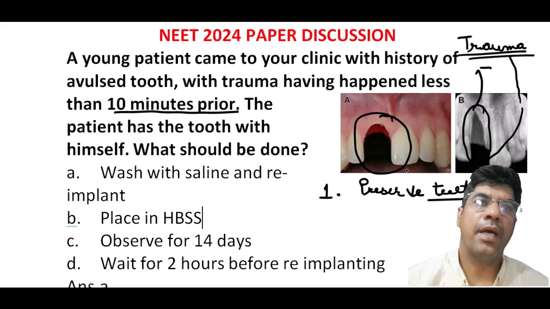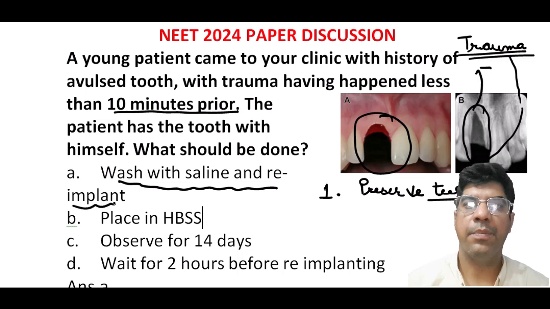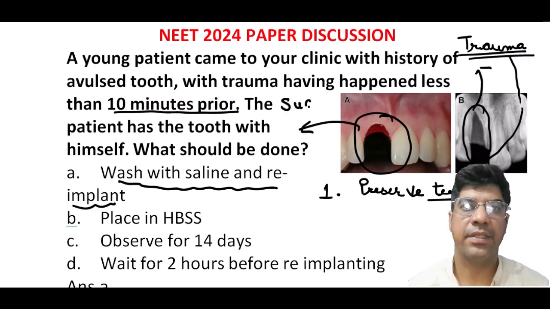Now the correct answer here would be wash with saline and reimplant. Now remember the time. The time is of essence. The sooner we can reimplant the tooth, the better the chances of its success.